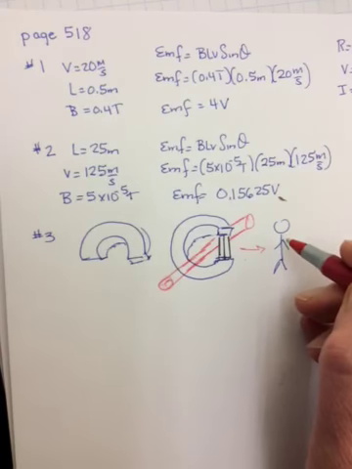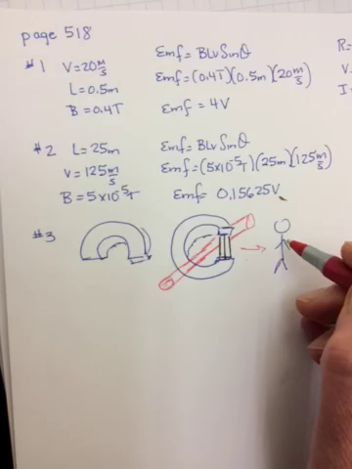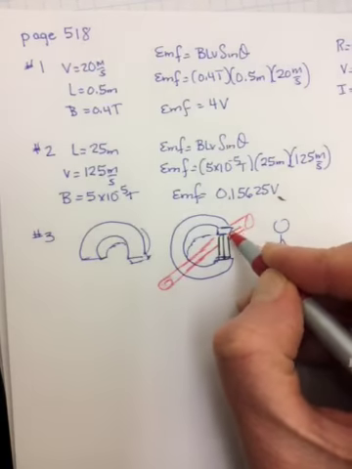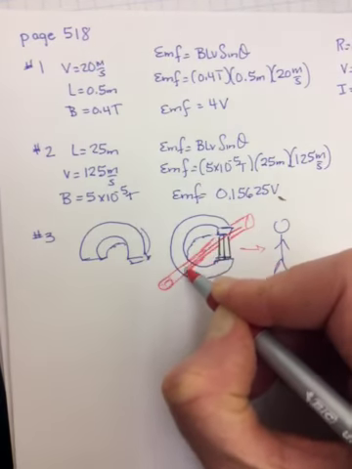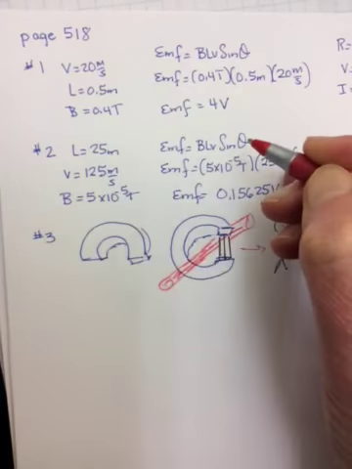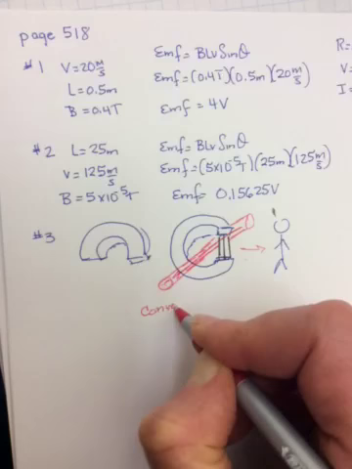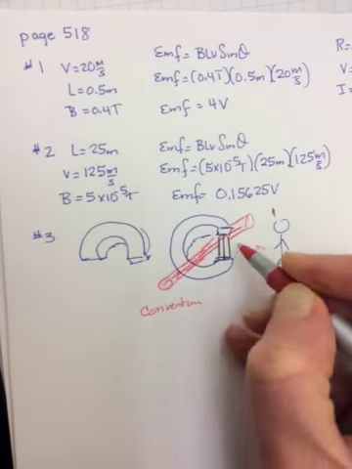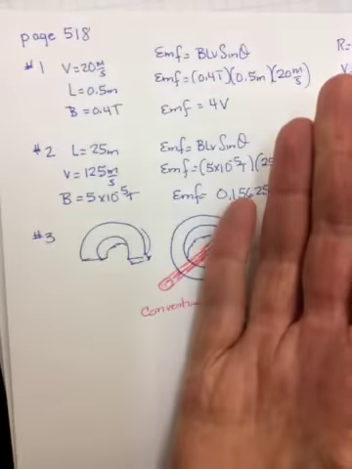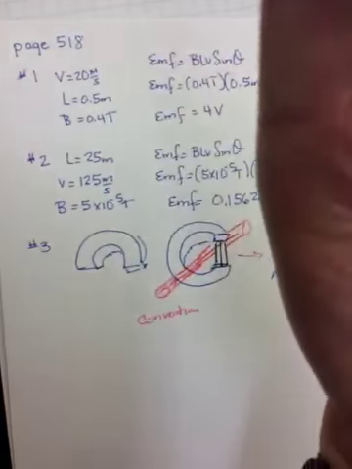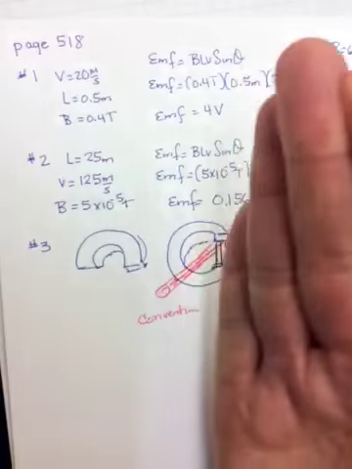So it says the student passes a straight wire between the poles and pulls it towards herself. The current through the wire is from right to left. Right to left would be this way, because this is my right hand moving to my left. Your book always assumes conventional current. So if I'm pulling the wire towards myself, and the current is coming out of the palm of my hand, right?